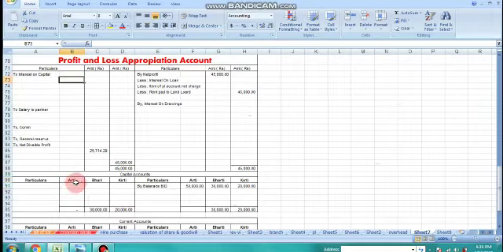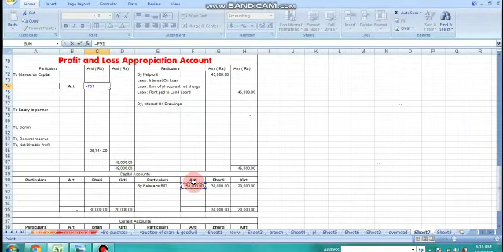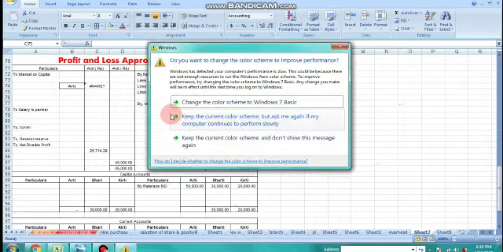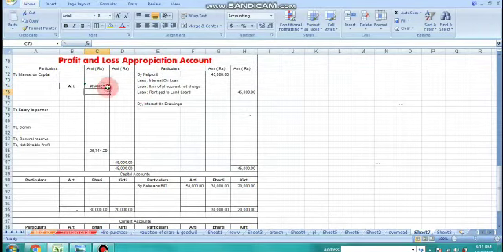So the interest on capital of Aarti is 5% of 50,000, which is 2,500.